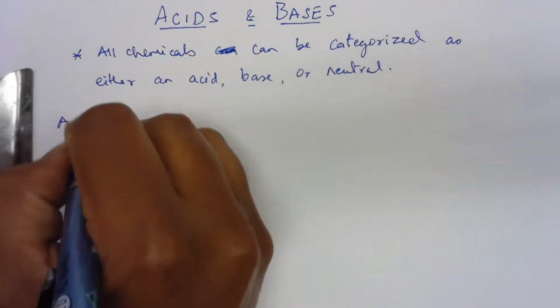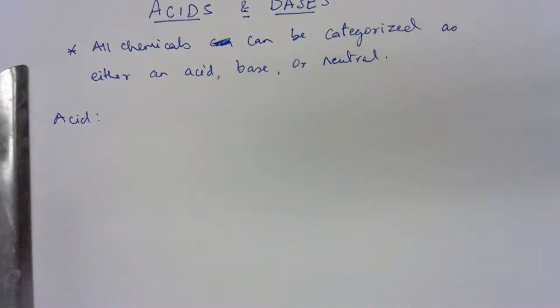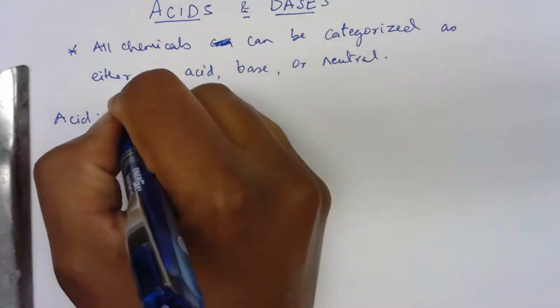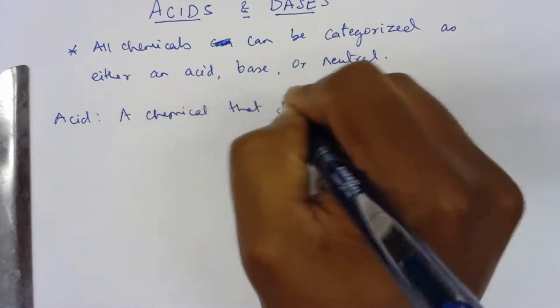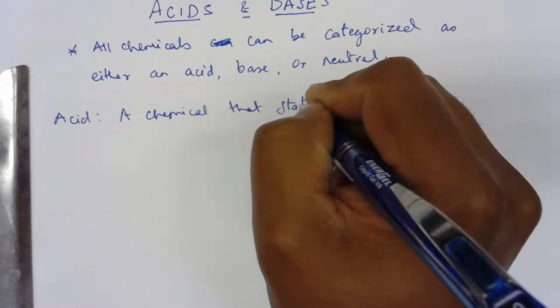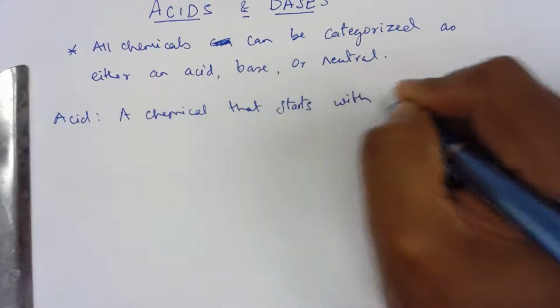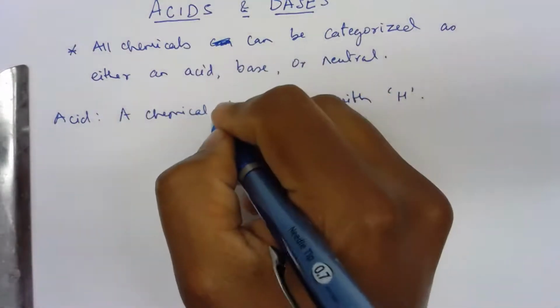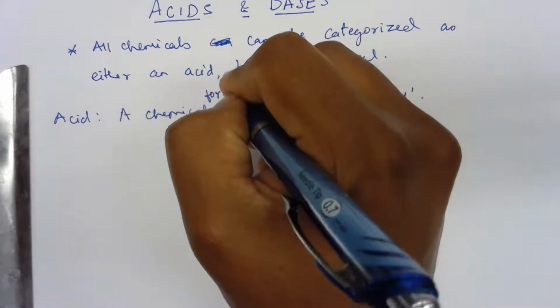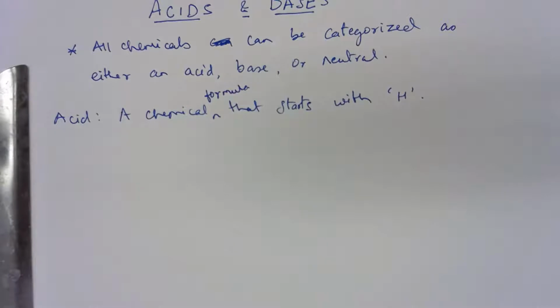Let us define the term acid. In the olden days, acid was simply a chemical that starts with H. So if you look at the formula of a compound, and if the formula of a chemical compound had the letter H as its first element, it was defined as an acid.